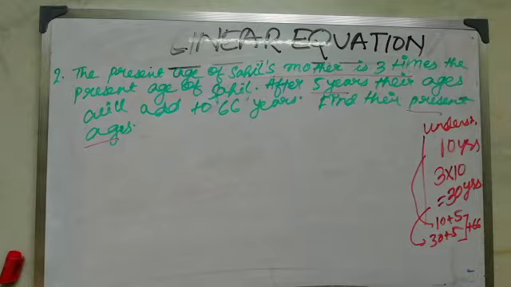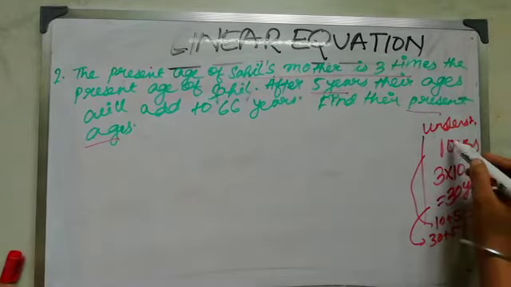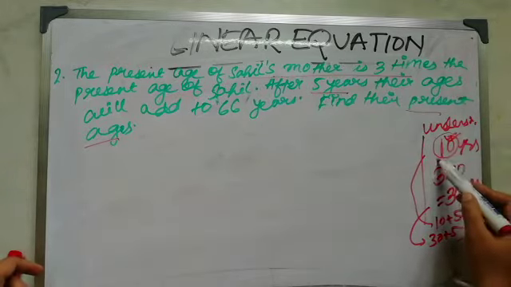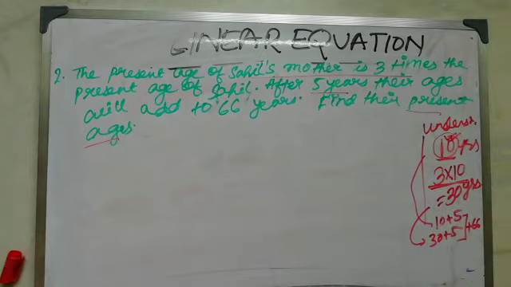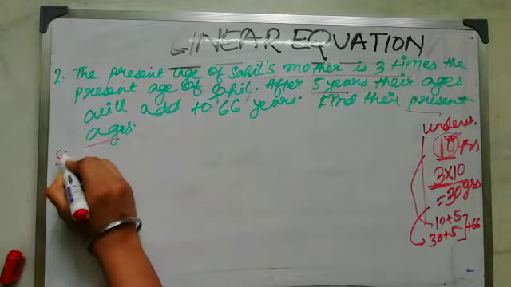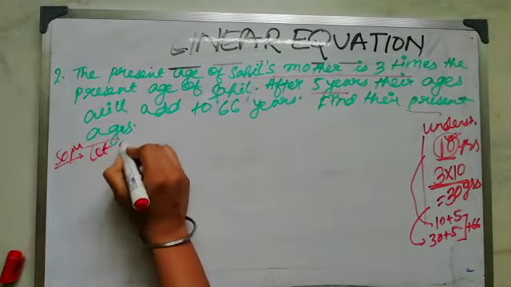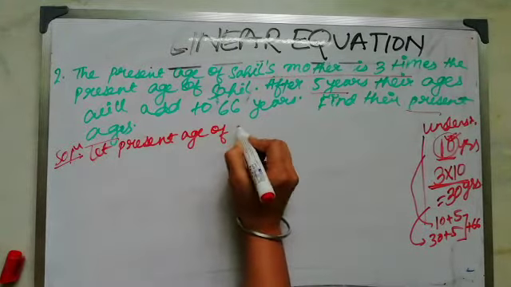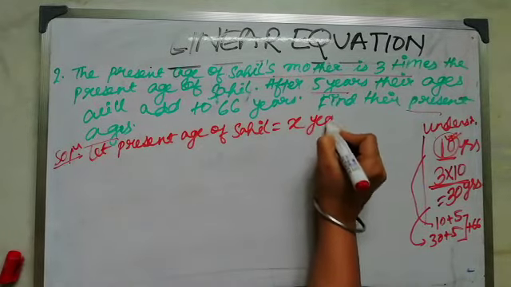Now see, we do not know Sahil's present age. Unless we know Sahil's present age, we won't be able to find 3 times his age, which is his mother's age. So, let the present age of Sahil be x years.